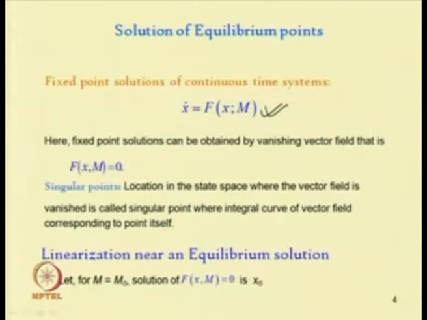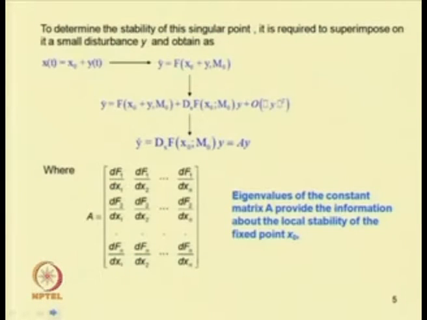Whether these equilibrium positions are stable or unstable, we can find by linearization near the equilibrium position. We can perturb the solution near the equilibrium position x equal to x0, find the Jacobian matrix, and by finding the eigenvalues of the Jacobian matrix, we can tell whether the system is stable or unstable.